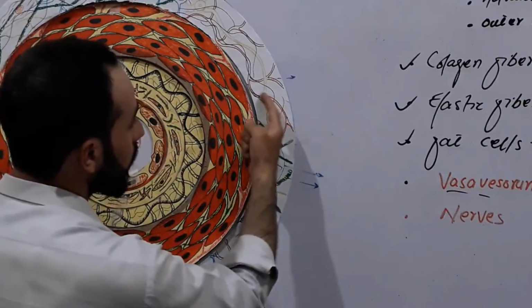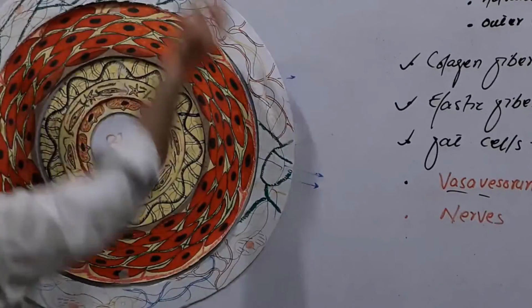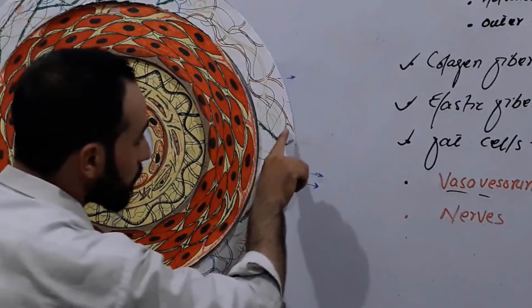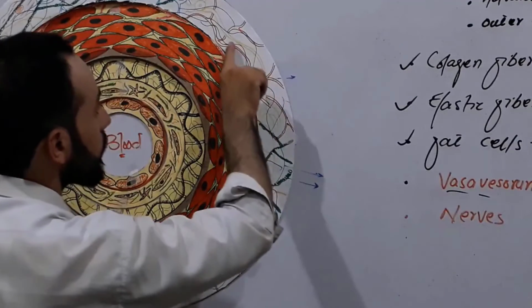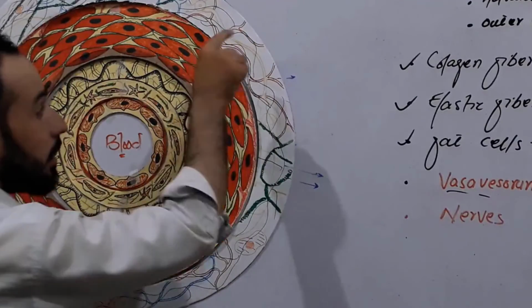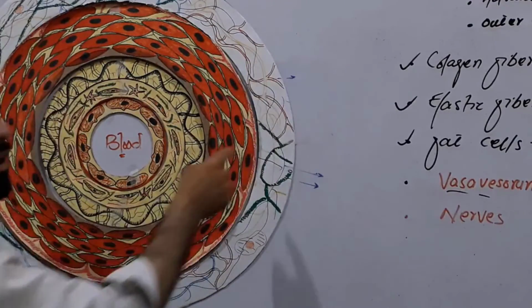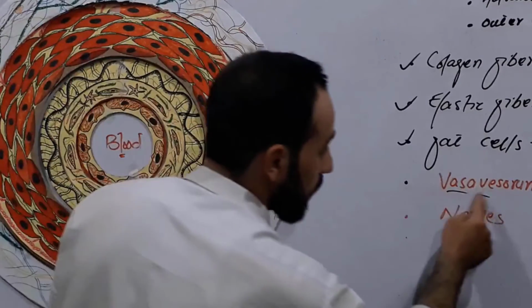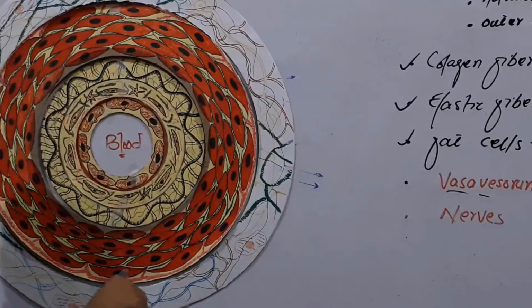So these small vessels which are present inside the walls of blood vessels, listen carefully, you can see these red vessels, these small vessels are present within the vessel walls. That's why we call them vasa vasorum or vessels of the vessels.